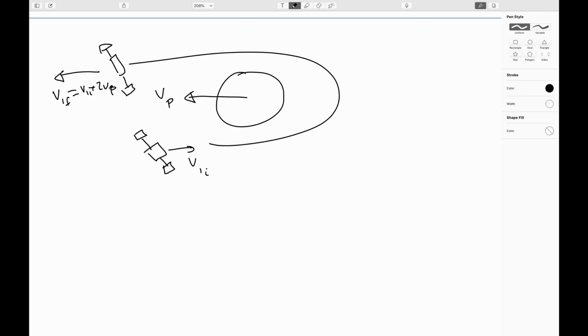And this kind of thing is happening all the time as comets fly by objects and stuff like that. So it's not just us. But you pick up this boost that can be as much as 2 times the speed of the planet. Now, it's not going to be as good as this extreme case, but it's still pretty darn good. And since the planet is kind of hauling, that gives you a big enough boost that you now have enough kinetic energy to make it out, say, from Jupiter to Saturn.